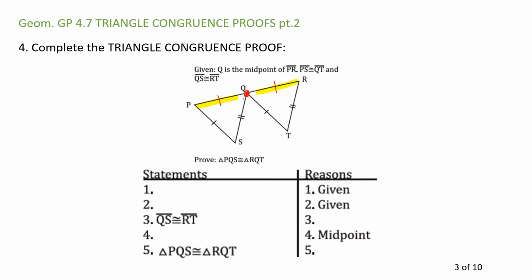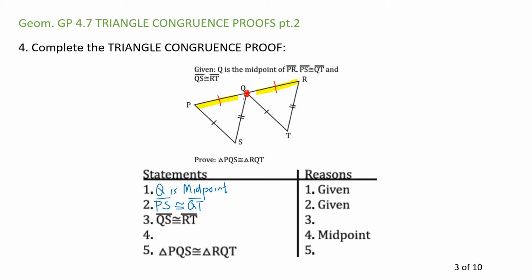All right, first piece of information. Q is midpoint. And they're also telling me that PS is congruent to QT. And they're also telling me that QS is congruent to RT. Oh, I take that back. That's actually what they're looking for in the next line.